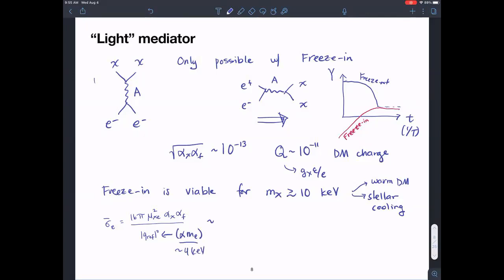And it turns out even if you plug in these very small couplings for freeze in, you get a very similar cross section of about 10 to the minus 37 centimeters squared. And again, this is coming from the dark photons living in that very low mass part of the dark photon kinetic mixing parameter space I showed.